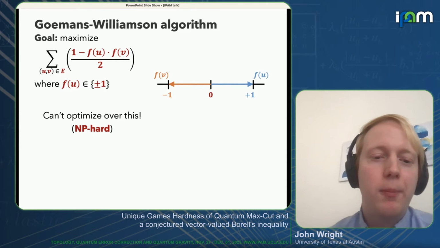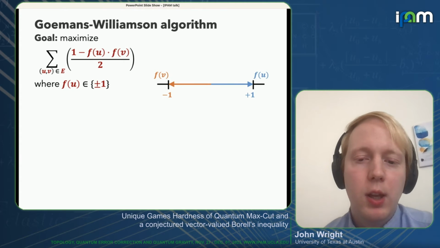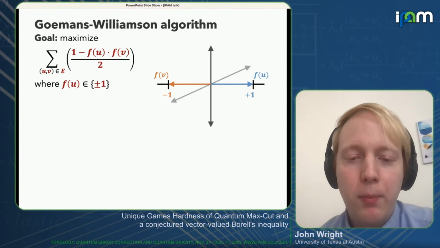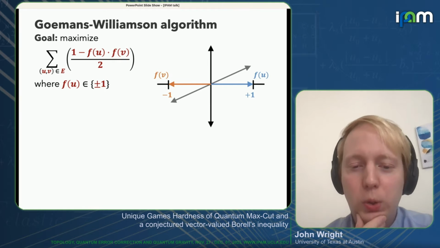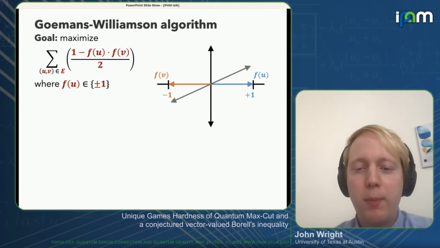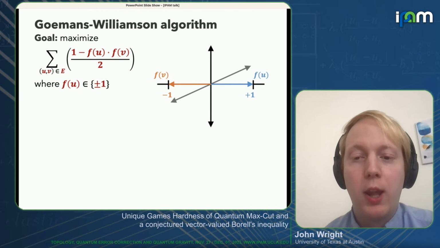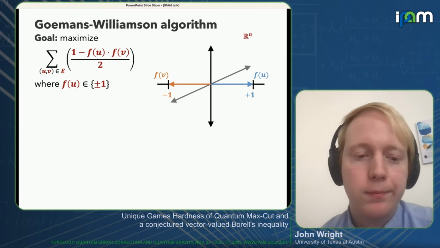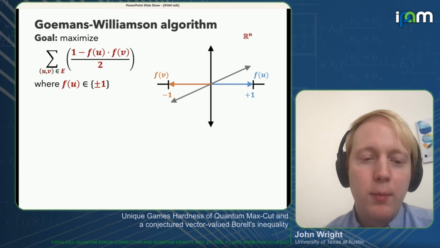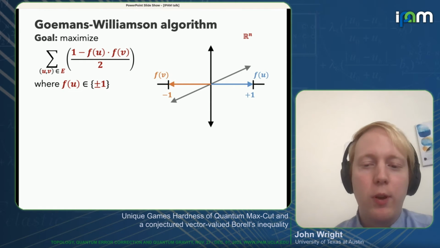All right, but now let me change the problem slightly. Instead of asking you to be on the one-dimensional line, I'm now going to have the vectors be in R^n, n-dimensional real space. And I'm still going to let you only use one of these two vectors.